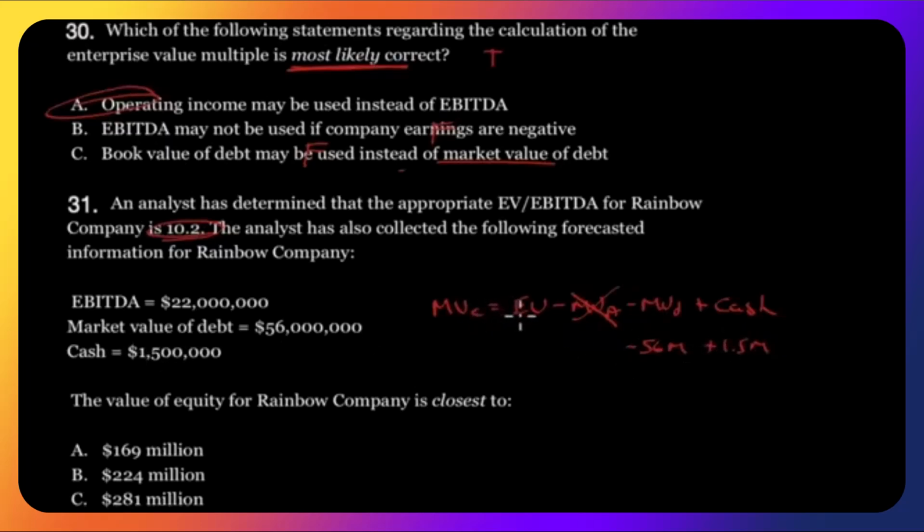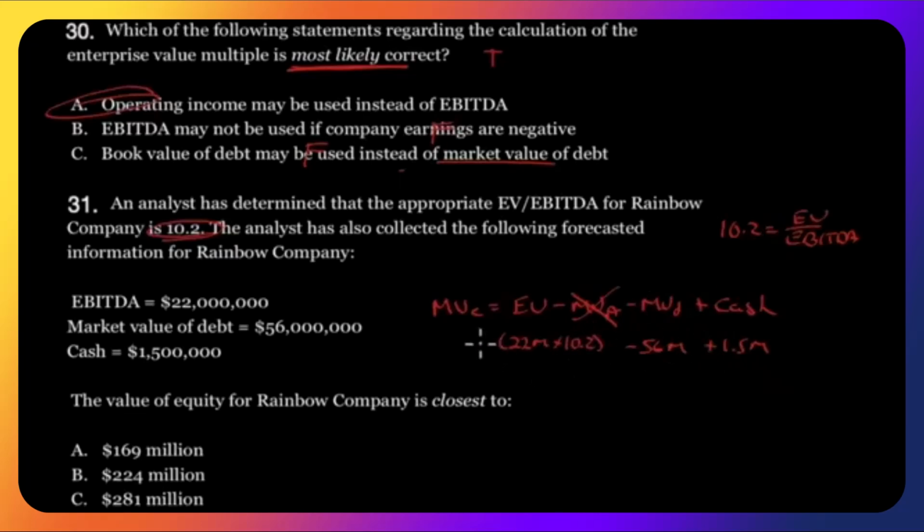So we need our enterprise value. We're told that enterprise value over EBITDA is 10.2. So 10.2 equals EV over EBITDA. And we're told EBITDA is 22 million. So enterprise value must be 22 million times 10.2.